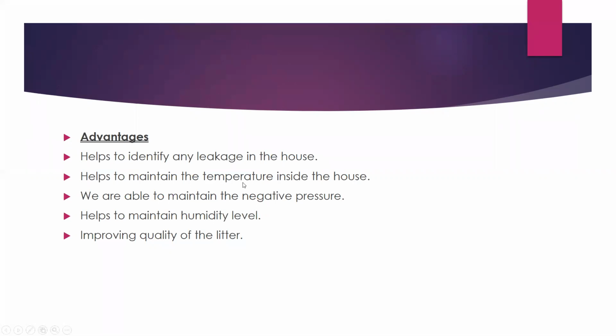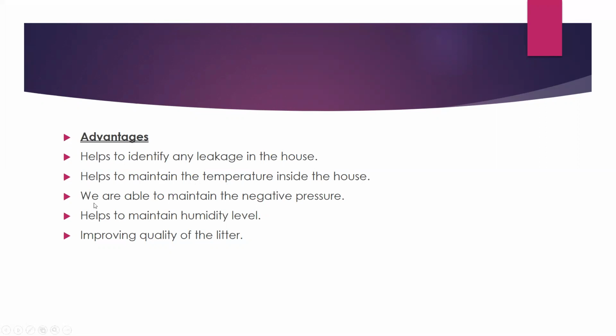The temperature that we require is 33 degrees centigrade. And if there are any leaks in the house, the temperature will not be around 33. It will fluctuate. Either it will go down or it will go higher, depending on the environmental conditions.